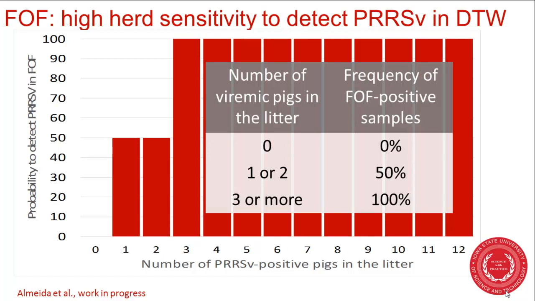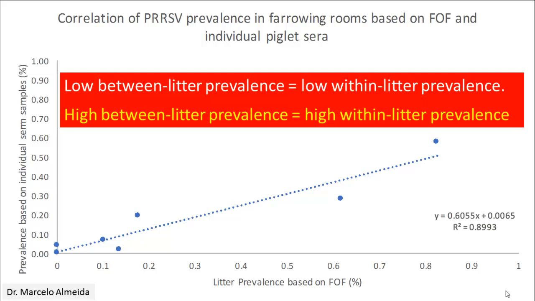If it detects environmental PRRS that has been hanging around for weeks, that's not going to be frequent, as shown with this data. When there are 1 or 2 piglets in the litter, there's a 50% chance to detect. If you have litters with 3 or more piglets, we found it all the time in this study. And so Marcelo repeated that with the 72 matching sets that I just showed you.